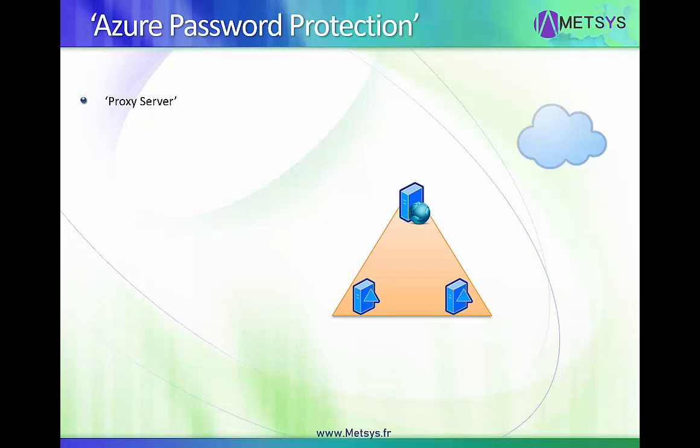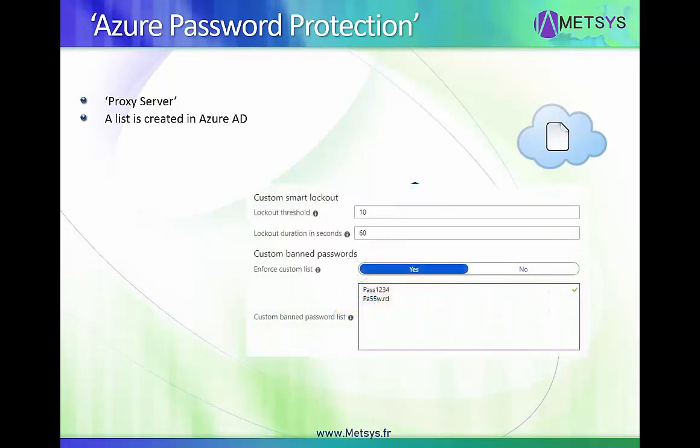Azure Password Protection helps us to implement a list of banned passwords and have them in our Azure Active Directory. And by having that list, nobody can choose a word from that list. So a list is created in Azure Active Directory, and inside that list, we simply insert all the passwords that we can say are not good enough, not strong enough.